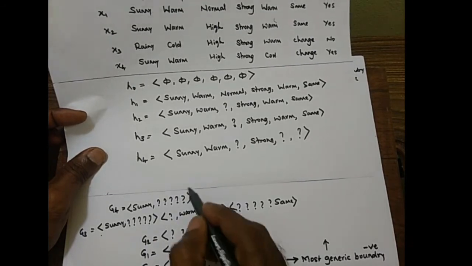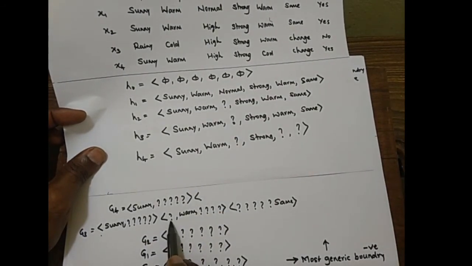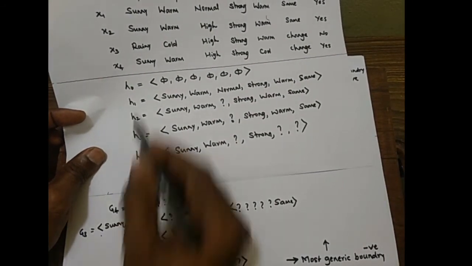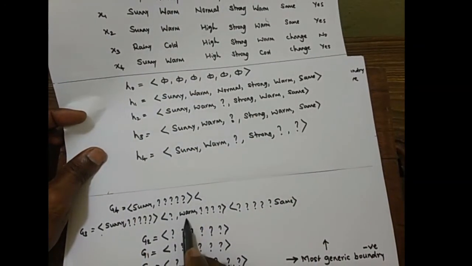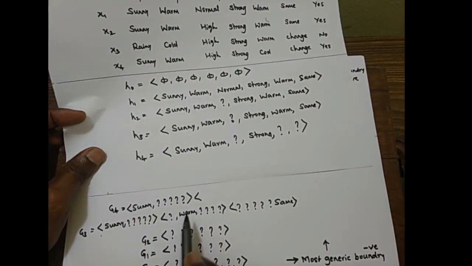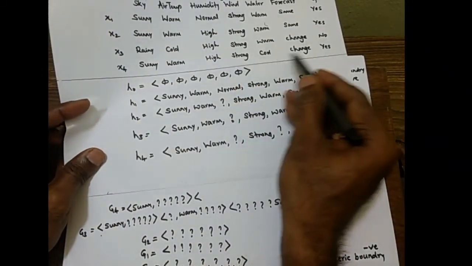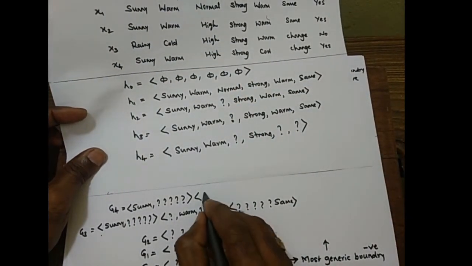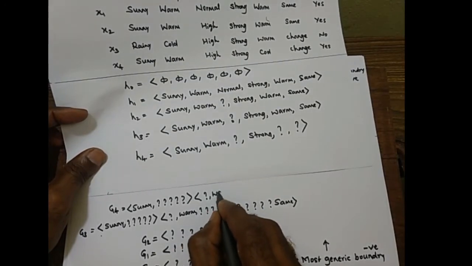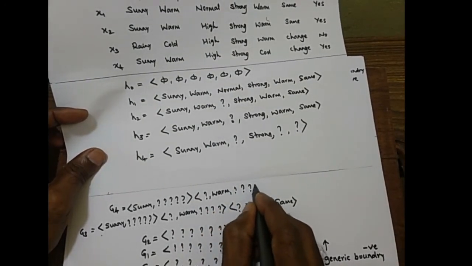Second one, we can have first attribute value anything, that is Sunny, it is possible. Second one, we must have warm. Warm is present there. Then we can have anything. So this also we can consider. Question mark, warm, 1, 2, 3, 4.